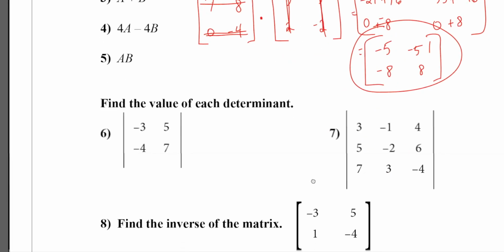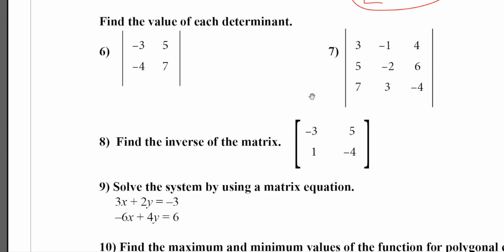All right. What about this? Remember what we do here? Find the determinant. Yeah, it's kind of a crisscross, and then you subtract. That's a good way to look at it. Crisscross, right? So you start at the top left, so you cross like this, so that's what? Negative 21.